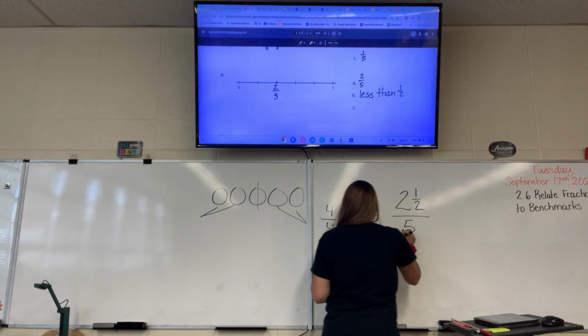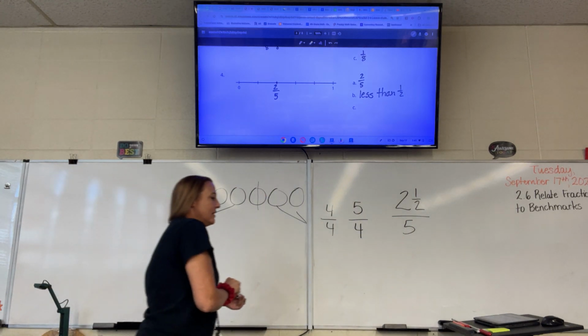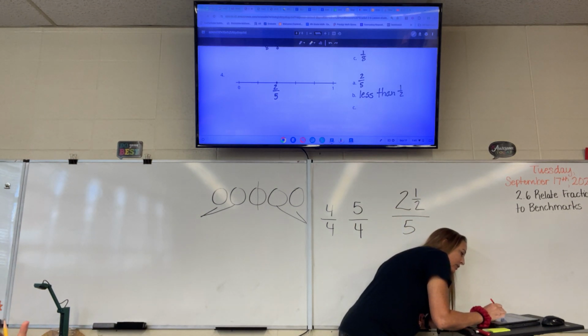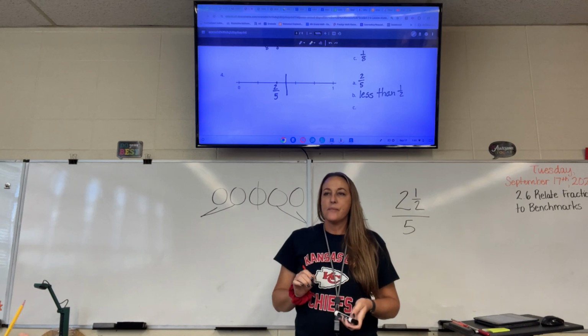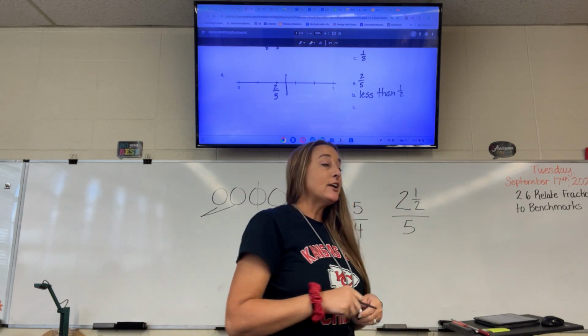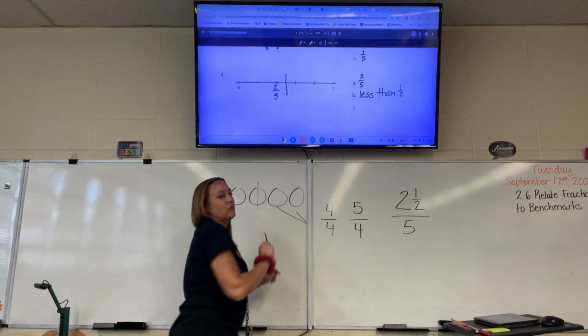Okay, hold on, that's not the answer. Because if 2 is right here, that means 2 1/2 would be right there. That's the middle. Now, what fraction represents this point right here?